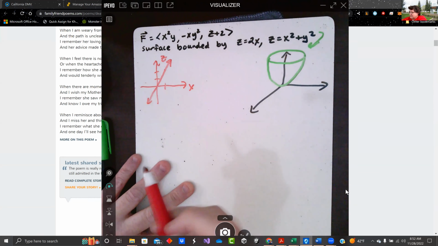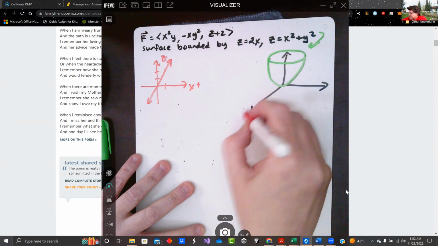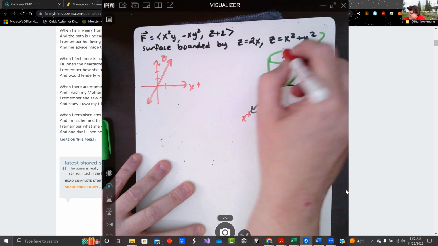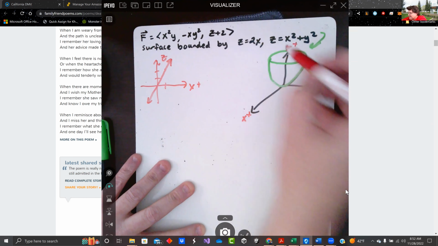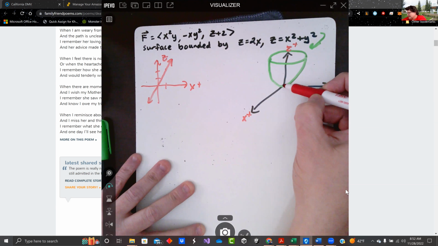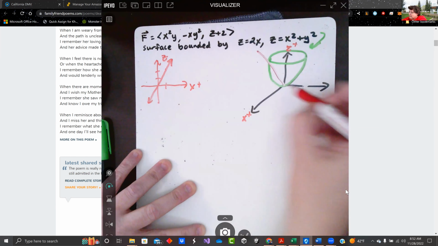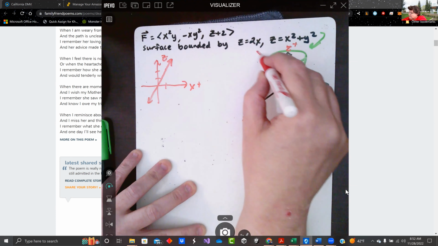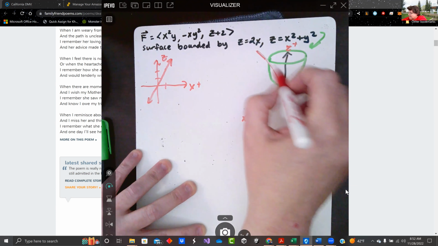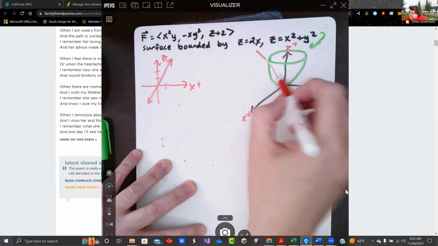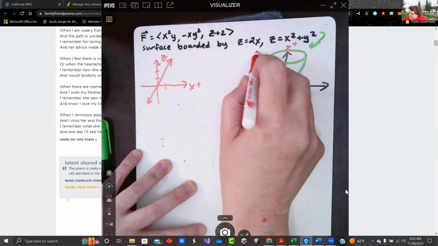And this is my positive x direction right here. And that's my positive z direction right there. So I kind of need it coming up like that. And the z equals 2x is a line, but this is making a plane.